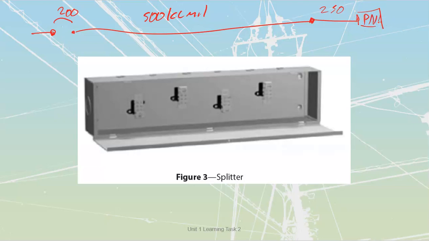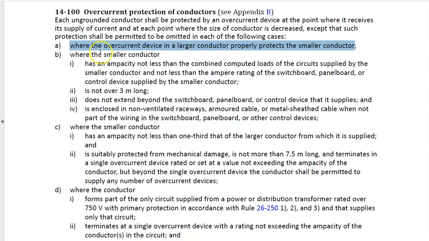This is going to be difficult to do with the 500 kcmils, so I'm going to have to drop back down. That's where this rule 1 comes in: we don't need to have a breaker over here because my 250 kcmil is rated for that 200 amps already that's going to be on it. So we do not need it in this situation. That's going to be number one over there.